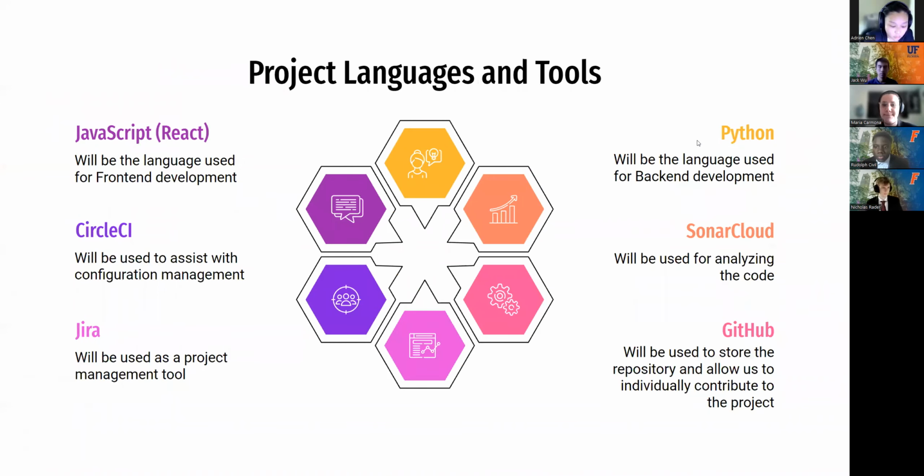In this project, we will be using React Native for front-end development, and we will be using Python, specifically the Flask framework, for the back-end development. We will also be implementing CircleCI for our continuous integration and continuous deployment pipeline, and SonarCloud for testing the code before accepting the pull request.